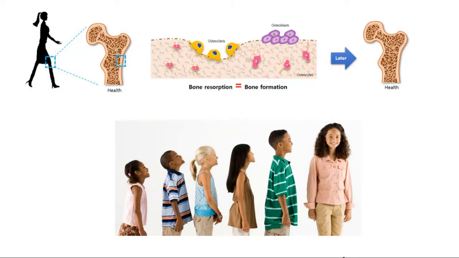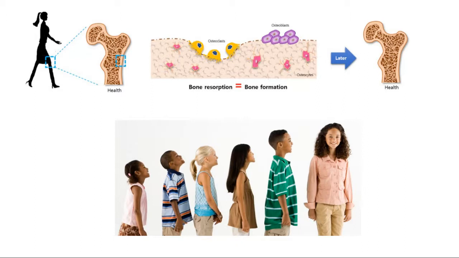When we talk about kids who are growing, what do you think we might be able to say about the rates of activity in kids? Is it the same? Is it different? When you're growing, I need bone formation to happen more quickly than the process of bone resorption.